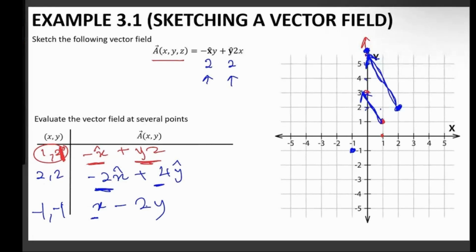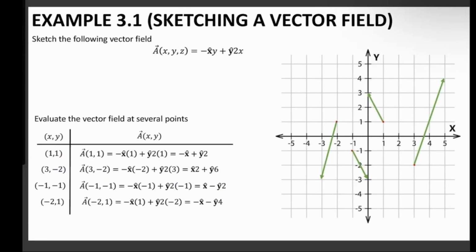Plus 1, minus 2 will be here. This is a vector field. I think the rest in this slide you can have a look. So any question on sketching a vector field: just substitute the values of x and y into the equation and then plot it.